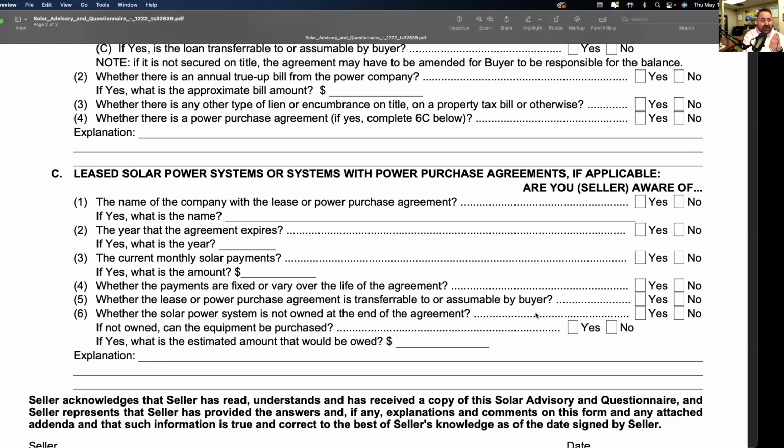I would send all this stuff with my counteroffer. And if it ultimately had to be the buyer's responsibility, like, hey, listen, we're going to leave these behind, but they've got to be paid off, so we want you to pay them. I'm not saying that's going to happen a lot, but if I wanted to do that, I would do it at the very beginning in a counteroffer with this solar advisory and questionnaire.